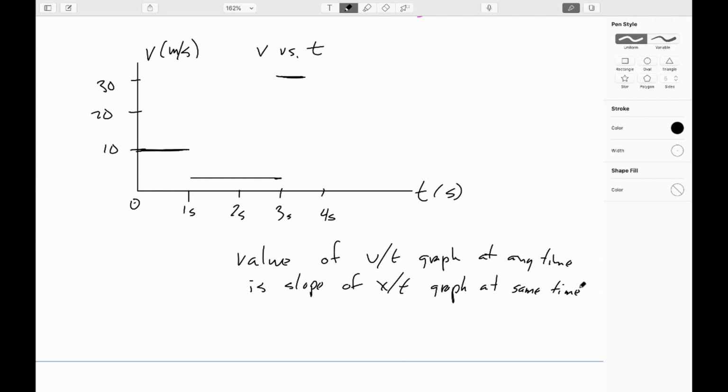But I will need one extra piece of information. I'll need the initial position, and I'll need that just so I can set the graph.